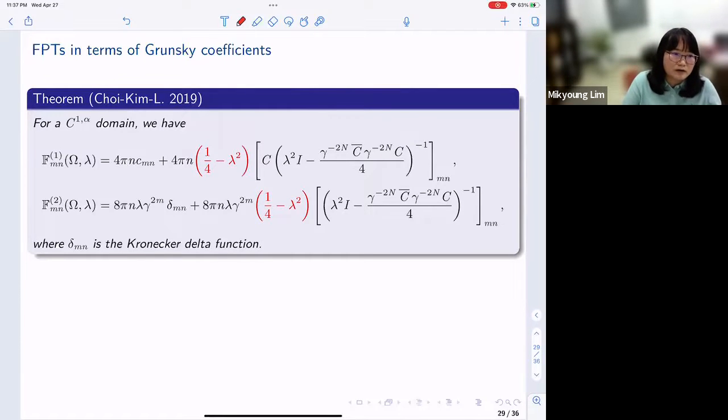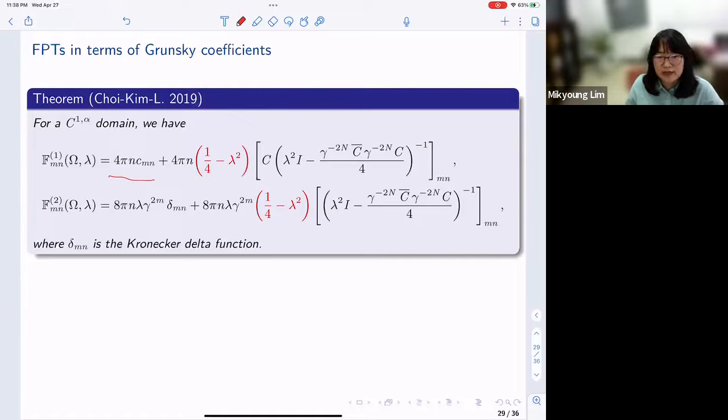From the definition of Faber polynomial and its expansion in terms of Grunsky coefficients, what we obtained is that the Faber polynomial polarization tensor is equal to a constant times n times the Grunsky quotient, plus a constant times n times (1/4 minus lambda squared) times the Grunsky matrix C times (lambda squared identity minus a matrix defined by Grunsky coefficients) inverse.